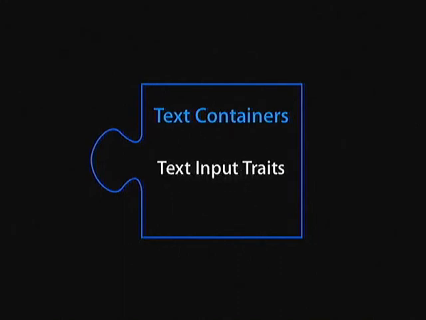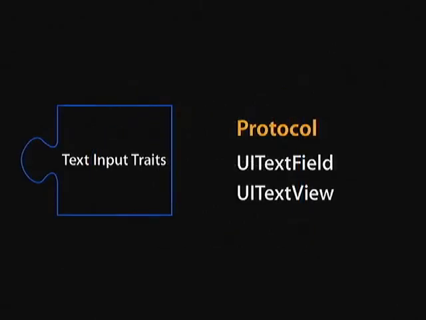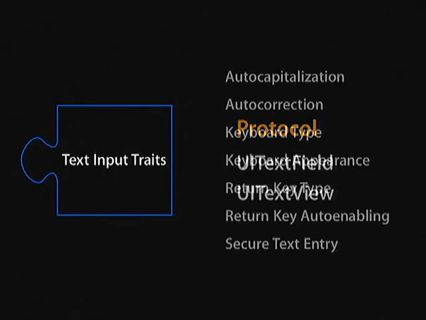Another big thing here is this idea of text input traits. First of all, this is a protocol which both UITextField and UITextView conform to. A protocol that allows you to influence how these text containers interact with the keyboard.